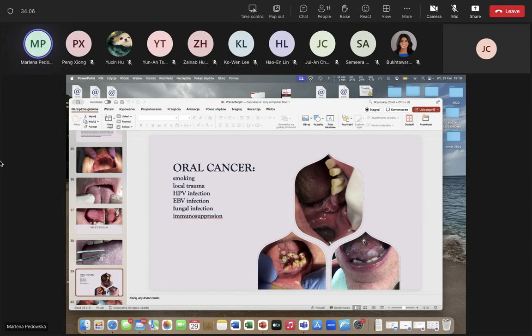The predisposing factors for the oral cancer are smoking, local trauma, so any local trauma related to the unfitted denture, to the overhanging fillings, to the calculus, HPV infection, also EBV infection, some fungal infections, and some also immunosuppression. Sometimes we need just one trigger, sometimes a couple of triggers, usually long lasting. And then we have the development of the oral cancer.